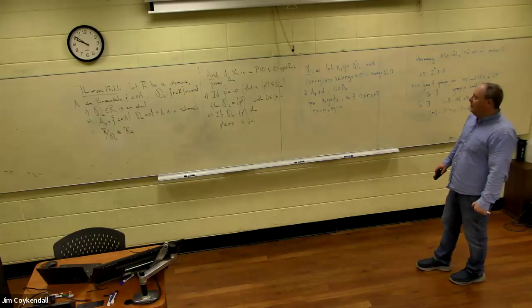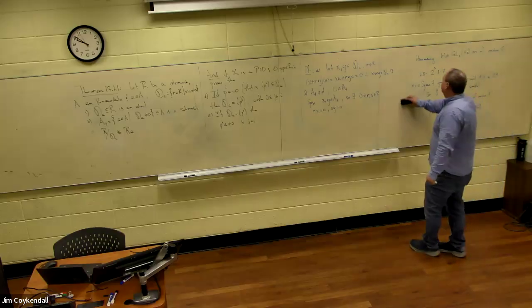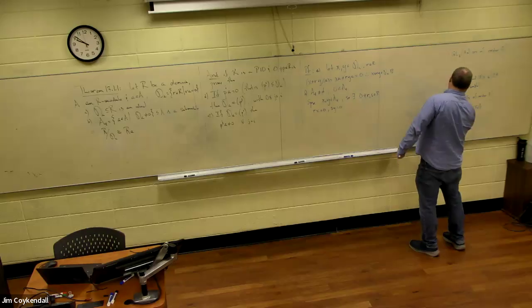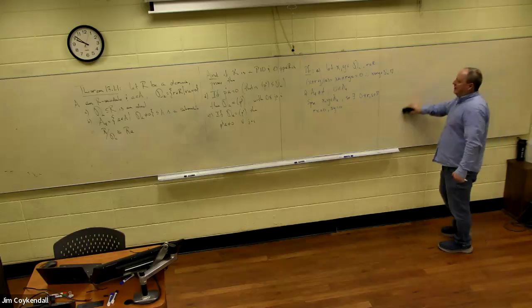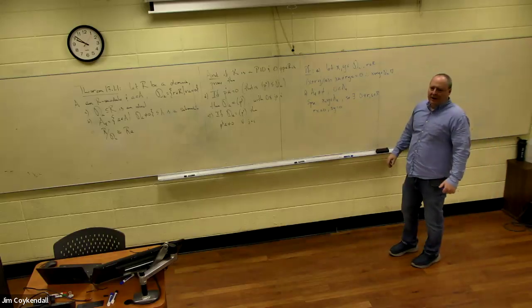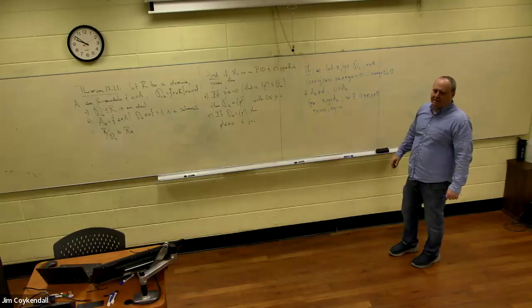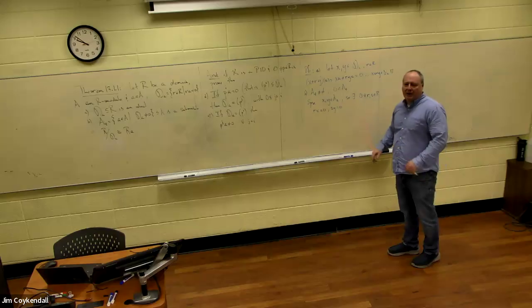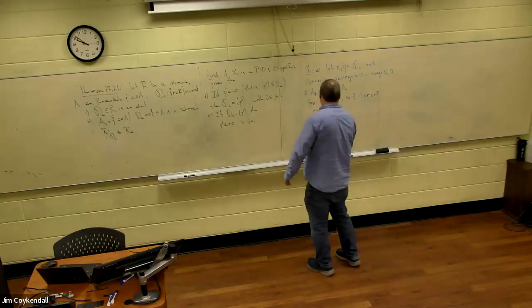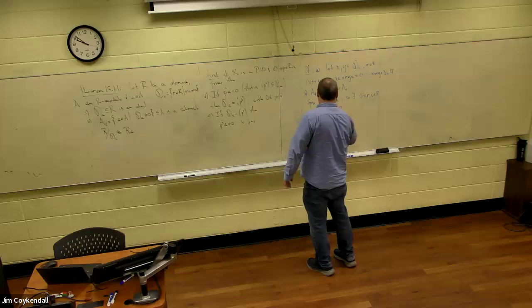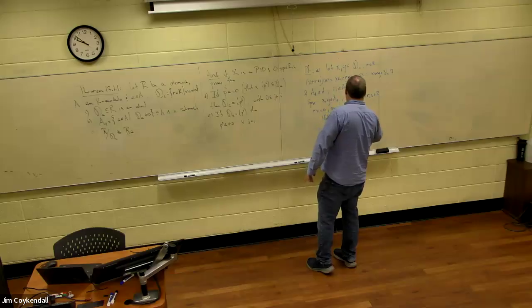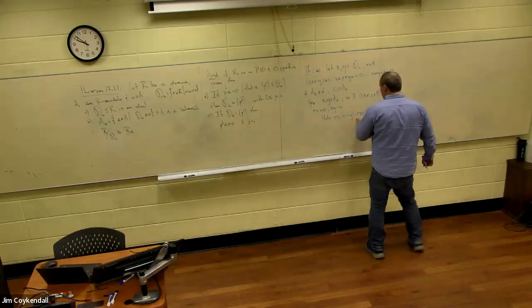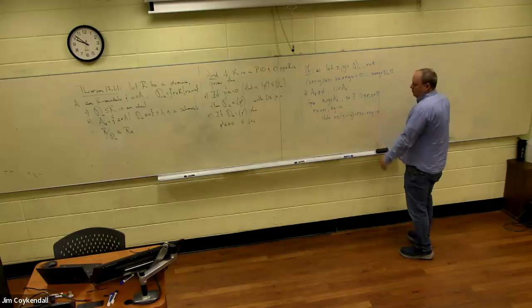There's something other than 0 that kills them. Can anybody think of something that kills X plus Y? RS. That's right, because the R part kills X, the ring's commutative, and the S part kills Y.